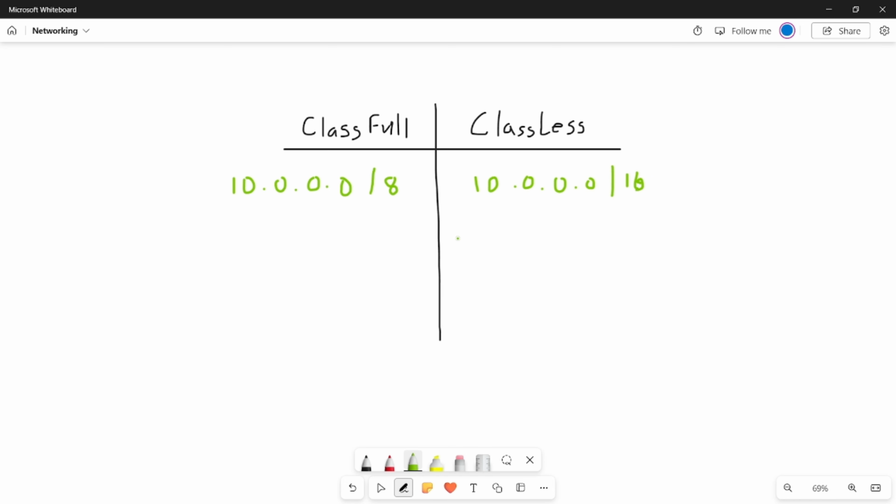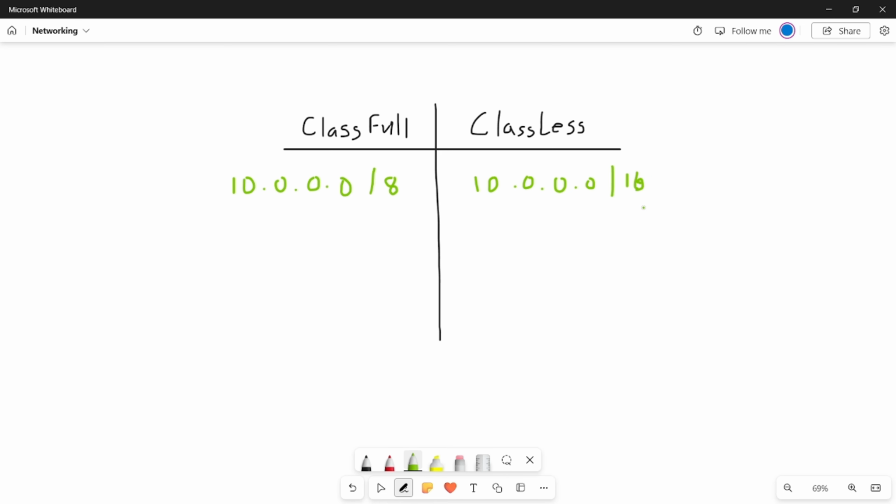So the idea of a classful IP address is that it is using the default subnet mask of its class. Let's say this IP address starting from 10 is used for class A IP addresses. The class A default subnet mask is 8. So the example on the left hand side uses the subnet mask 8, so the IP address uses the default subnet mask of the class.